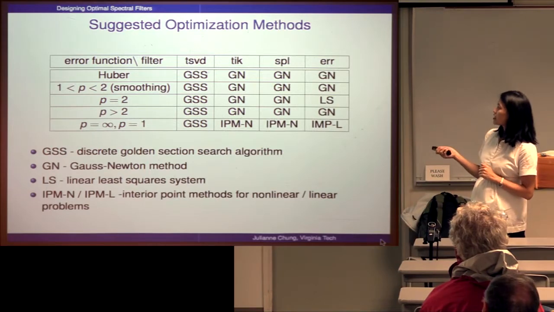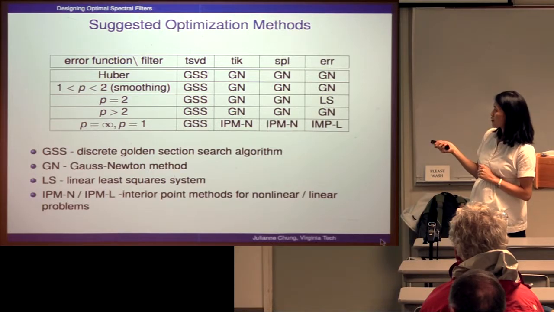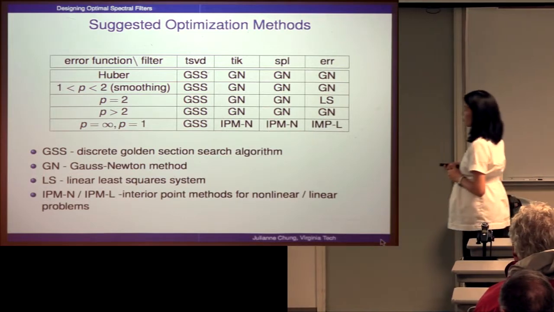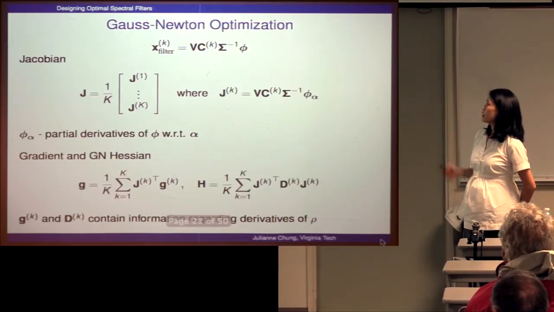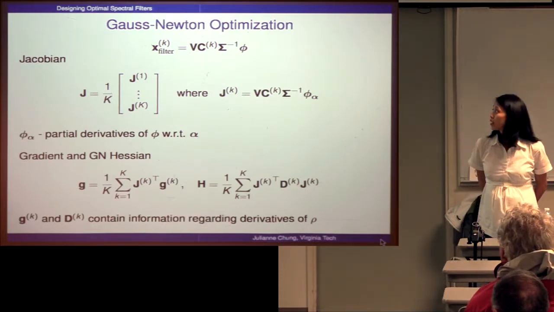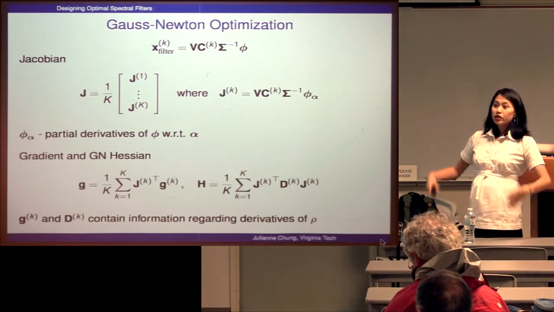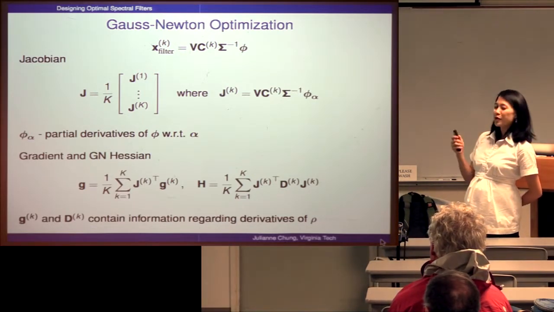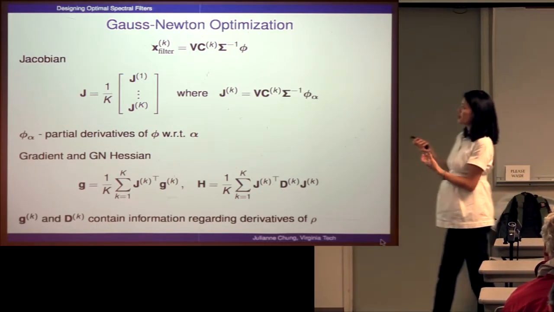For the other cases, we propose the Gauss-Newton approach, except for this special case here, where if you use an error filter along with the 2 norm, you can solve this problem very efficiently just by least squares. That will come out in the next 2 slides. For Gauss-Newton optimization, we need to compute the derivatives, that Jacobian matrix. This is where it was important that we look at a different formulation for our filtered solution.